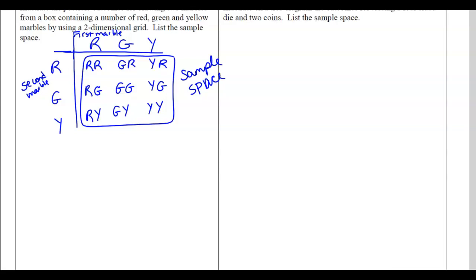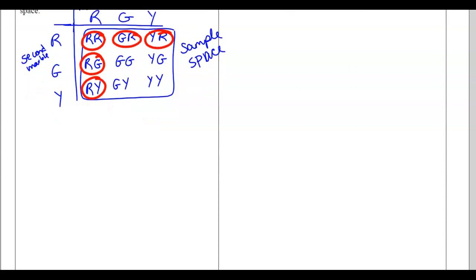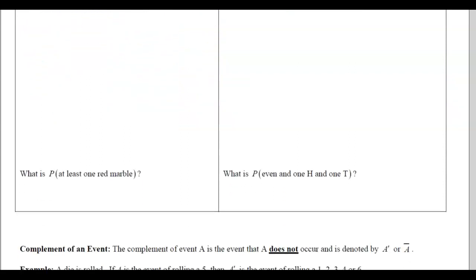But based on this, at least one red would be this, this, this, and this. Oh, sorry, and this one. So 5 of those cases out of the 9. So in general, it would be 5 ninths.